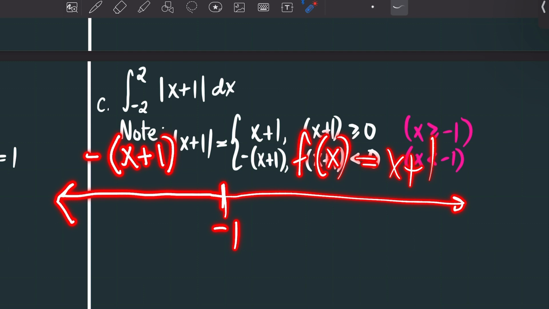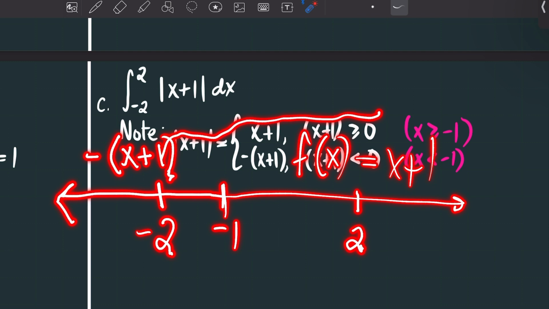So, let's see yung bounds na integration. So, bounds natin is negative 2 to 2. So, yung negative 2 nasa kaliwa siya ni negative 1. Tapos, si positive 2 ay nasa kanan. So, basically, yung function na yan could be divided into 2.